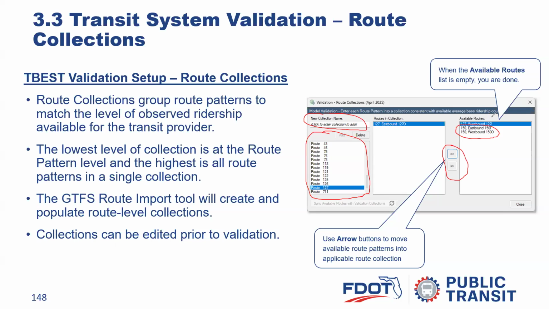When you're done with this, basically, when you're setting up your validation, you shouldn't have any routes in available routes or route patterns. This list should be empty. Everything should be in a collection, right? So just keep that in mind when you're setting up the validation. This available routes list should be empty when you're done.